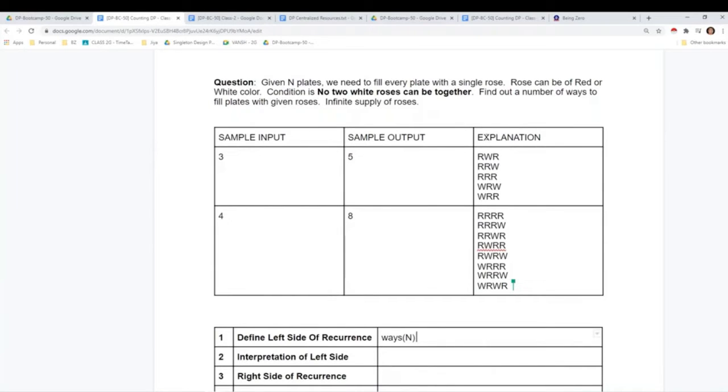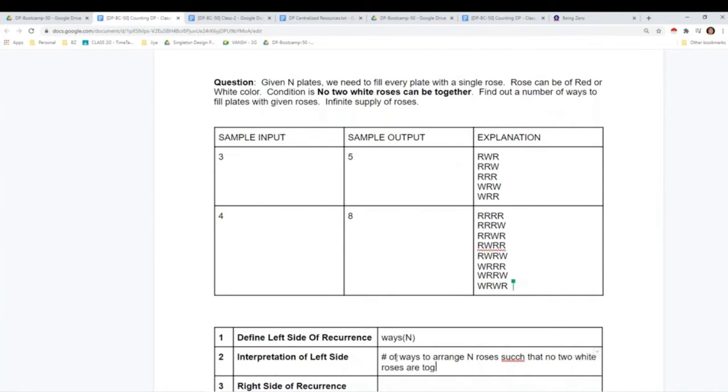White rose and red rose are fixed things. N is varying, right? Okay. Its interpretation is the number of ways to arrange n roses, or n plates, such that no two white roses are together.